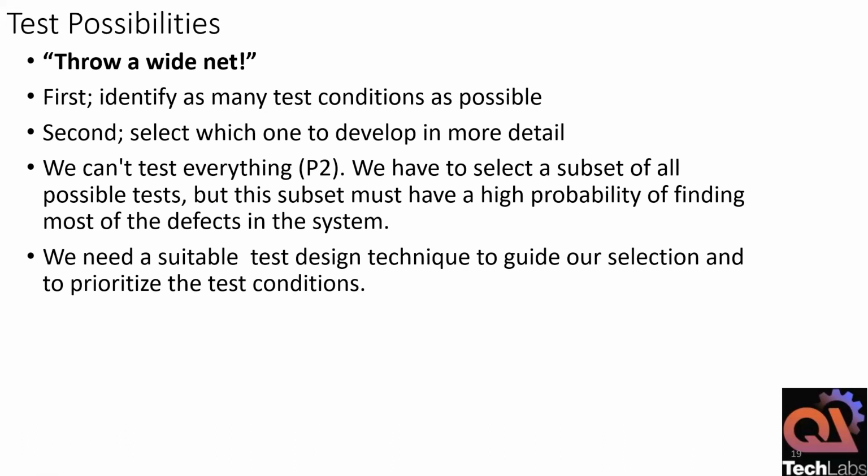Very, very, very important statement. We need a suitable test design technique to guide our selection and to prioritize the test conditions. Are you able to understand this sentence with what we have been discussing in the last 20 minutes?